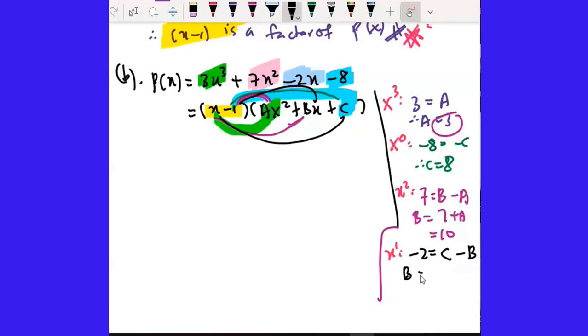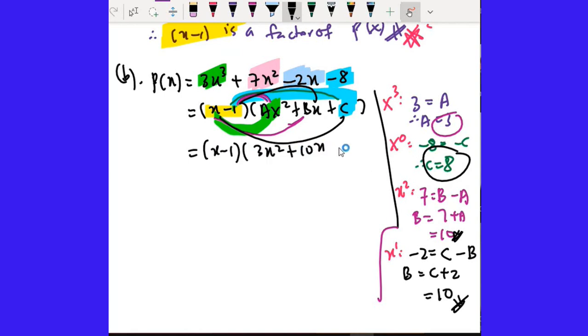So b is equal to c plus 2, c is 8, so 10. Yes, so b is equal to 10. Double check. Then substitute: a is 3, so 3x squared plus 10x plus 8.